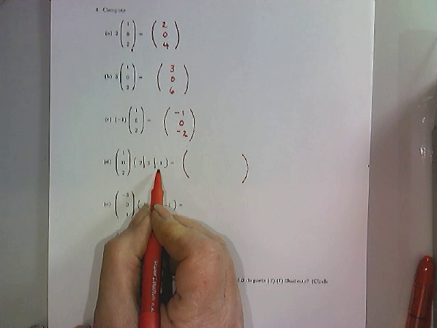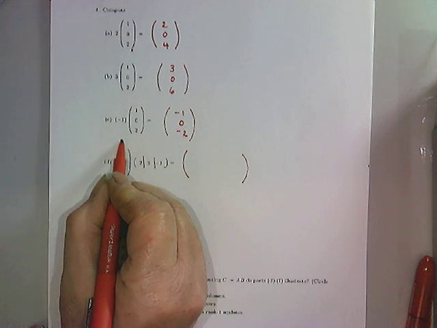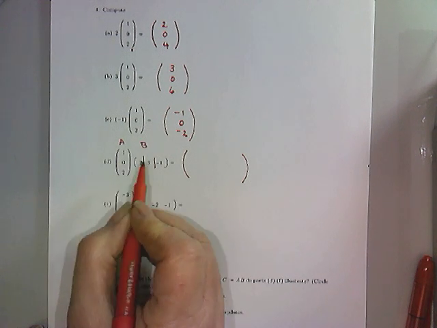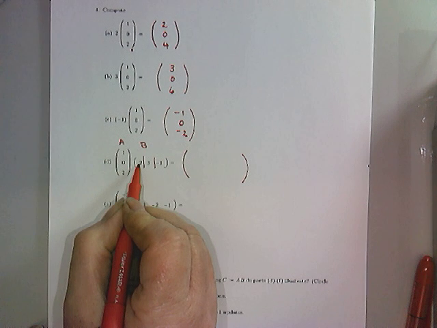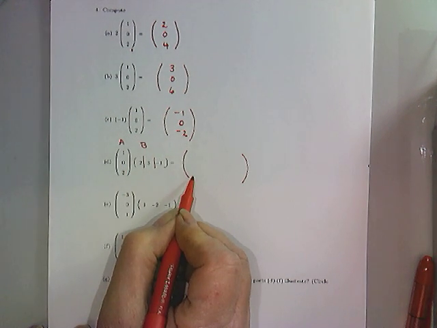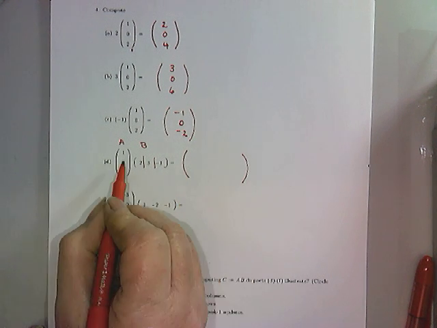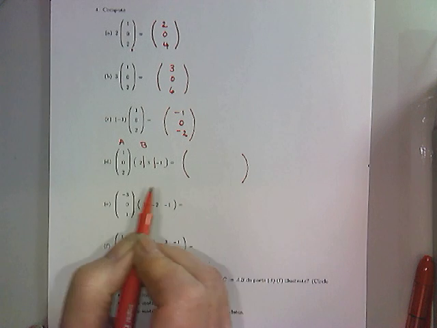And the result would be that if I want to take A times B, I know it's equivalent to A times the first column in B for the first column in the product, A times the second column in B for the second column, and so forth.